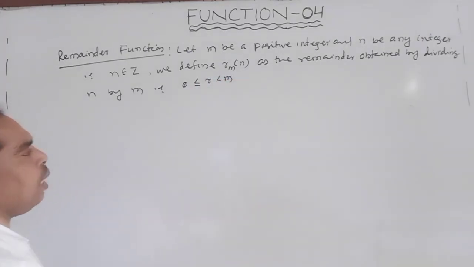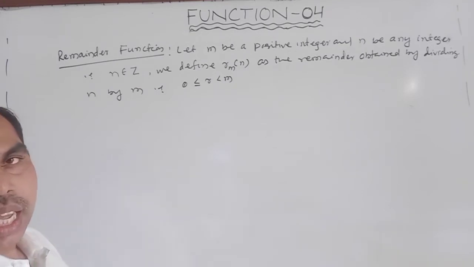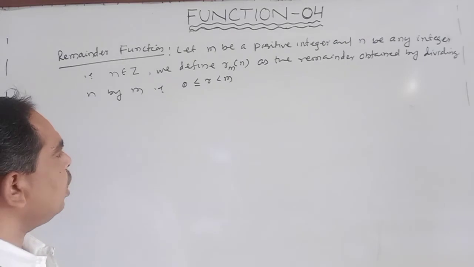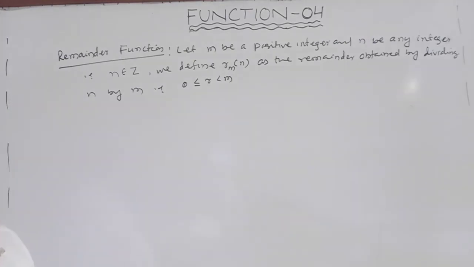Less than m means the remainder is always greater than or equal to 0 and less than the divisor. Okay, so R(n base m) is unique.